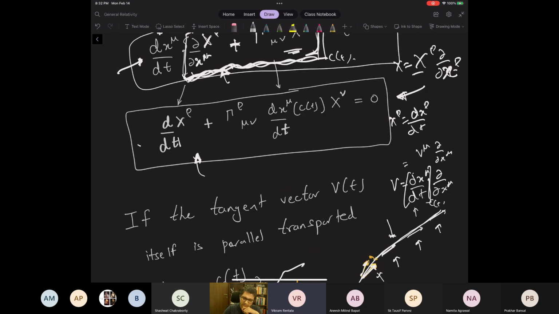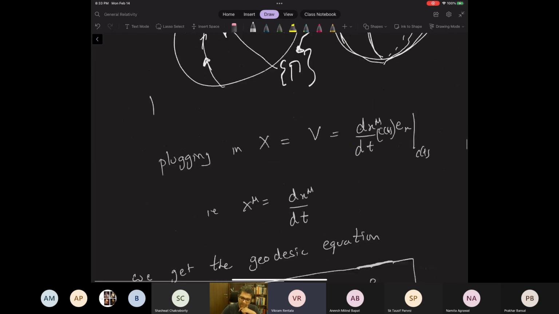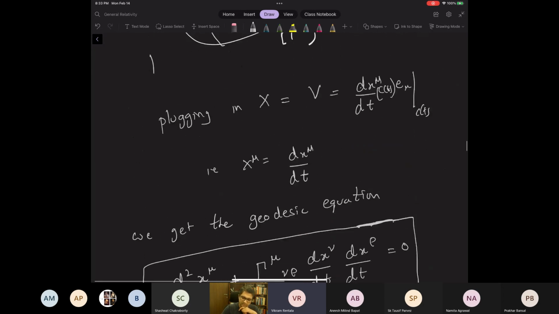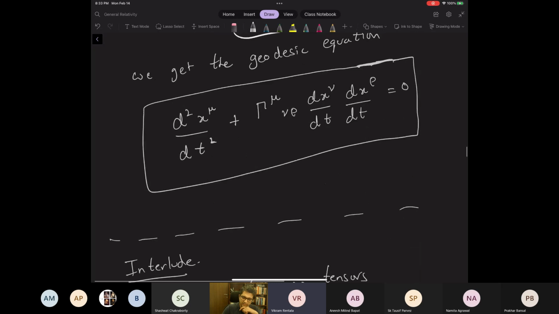That's what we're plugging in here. Now we'll find the rule that these coordinates should satisfy so that the curve is a geodesic. When you plug it in, we'll end up with this equation.